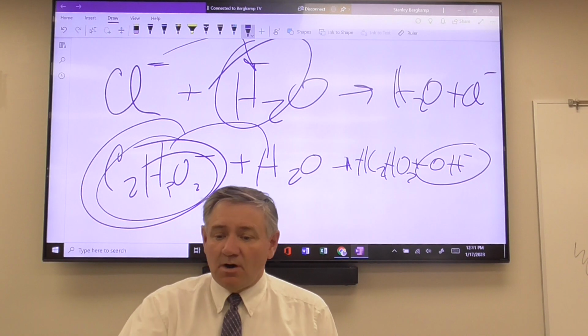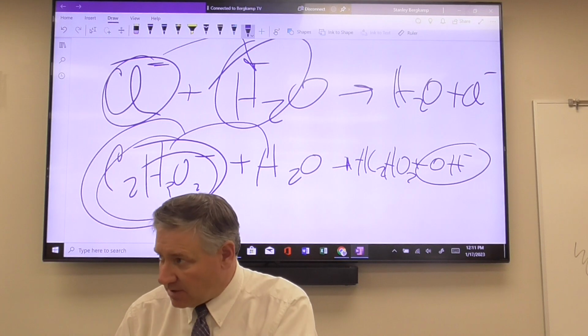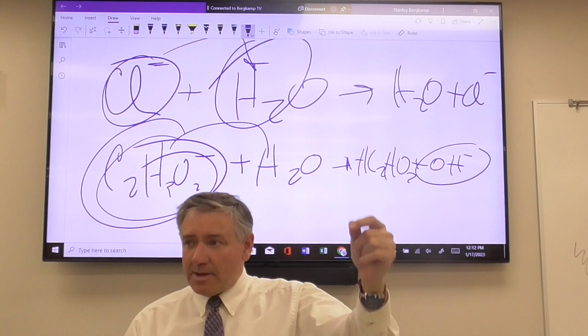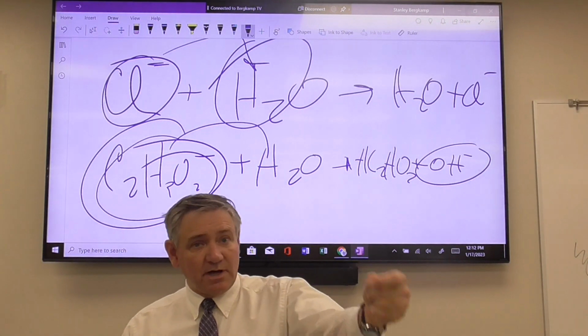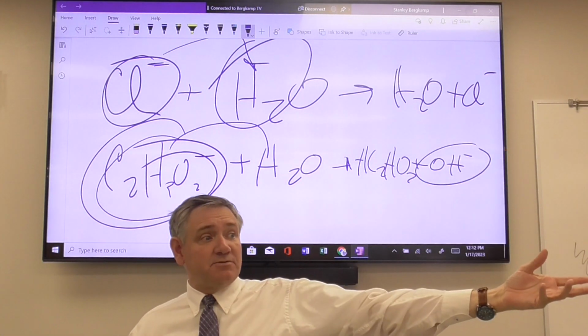It goes up. So if the conjugate base comes from a strong acid, and this is why you need to know your strong acids, you put it in water, nothing happens. That's what makes it a strong acid. It isn't attracted to the protons.